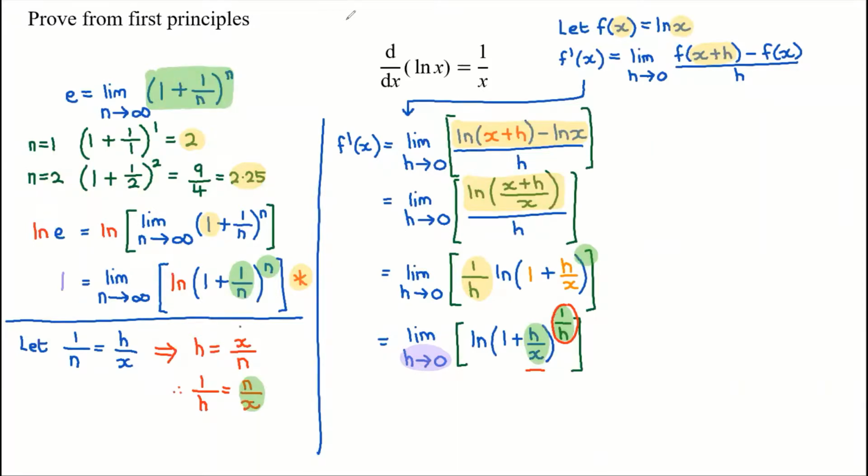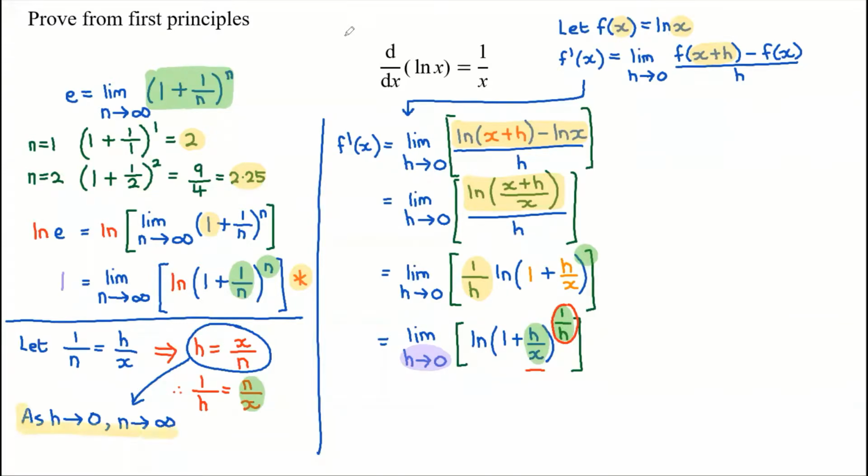So from this equation, as h approaches 0, that would mean that n would have to approach infinity. Okay, now I think that is clear from that equation because they are inversely proportional.